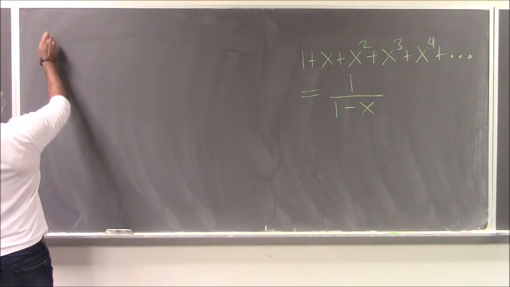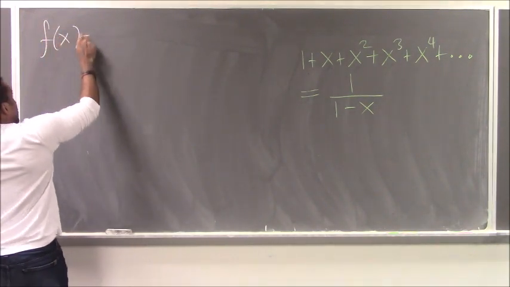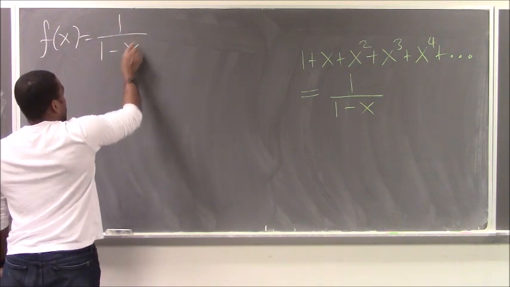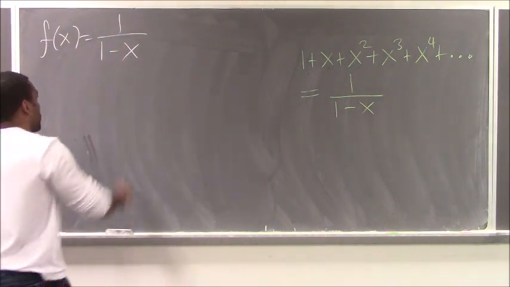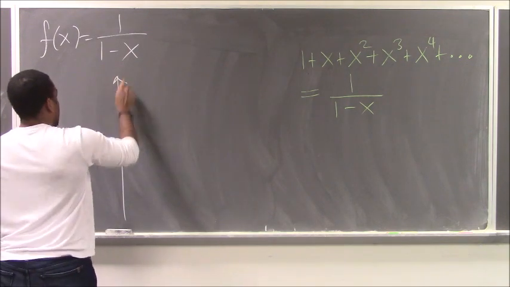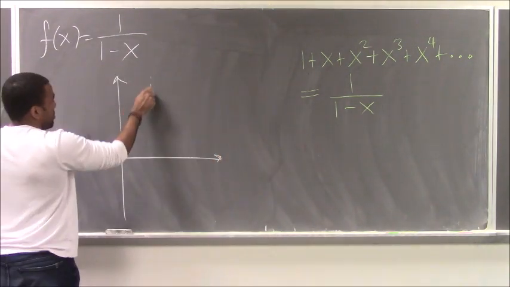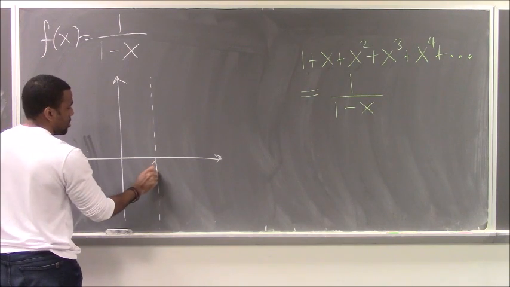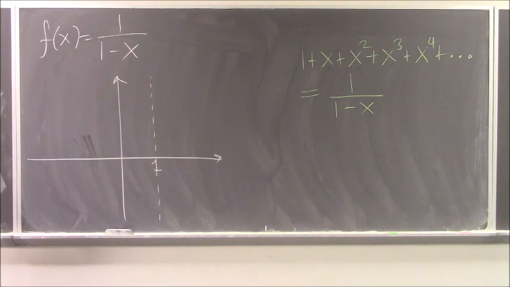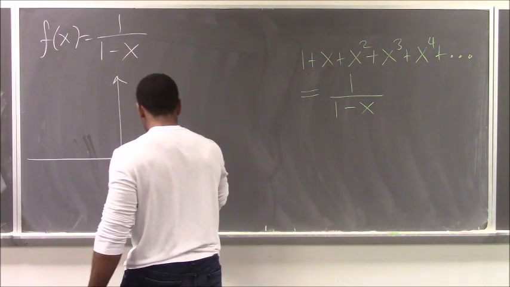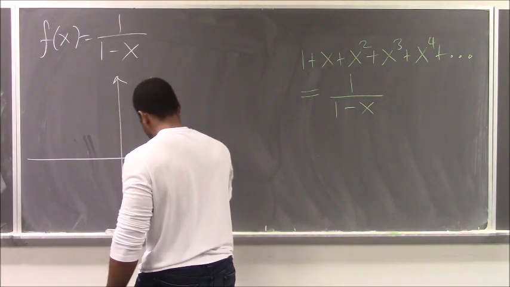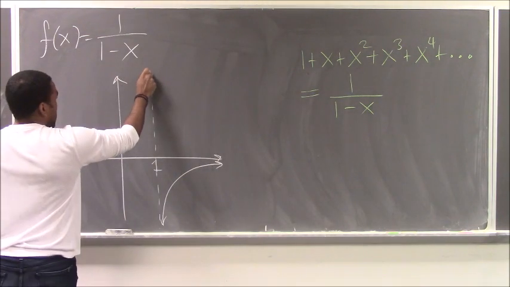I can think of my f of x, some function, as 1 over 1 minus x, and in fact we kind of know what that function looks like. When x is 1, you have an asymptote. And it's going to look like 1 over x, but it's flipped because the x is negative, so the right side is on the bottom, and the left side is on top.